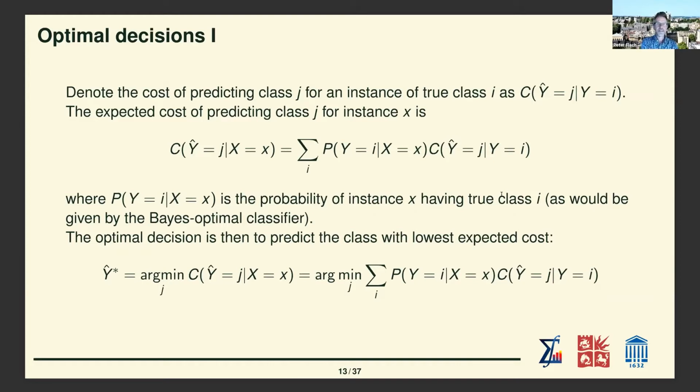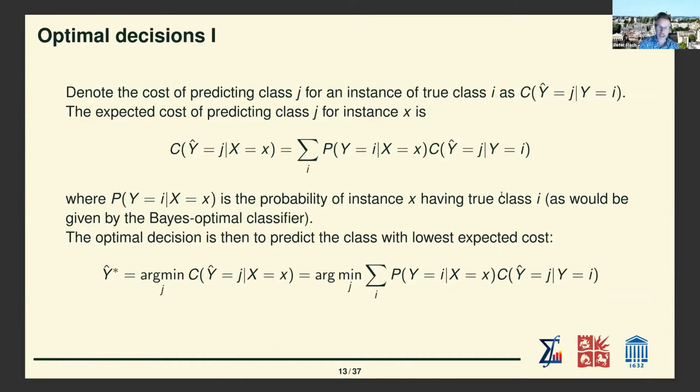And so the expected cost of predicting class j for an instance is a sum over all true classes weighted by the probability that that true class applies to that instance. So we don't assume 0, 1 cases here. We assume that we have access to the true probability as given by the Bayes optimal classifier.